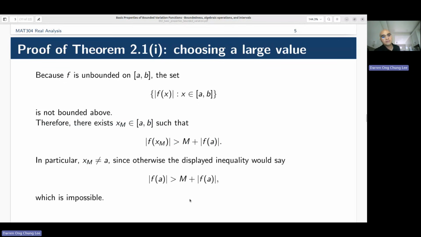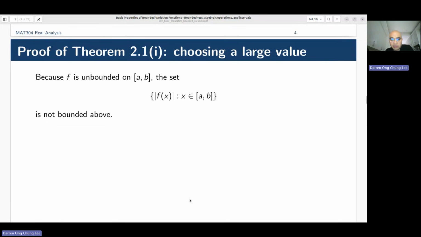Okay? So one particular thing we can notice is that x_m cannot be equal to a. So remember, x_m is chosen in the domain of f, which is the closed interval [a,b]. But we can rule out the possibility that it's equal to a, right? Because if it were a, then the inequality we just wrote down would say |f(a)| is bigger than m plus the absolute value of f(a), which is impossible since m, of course, is a positive number.